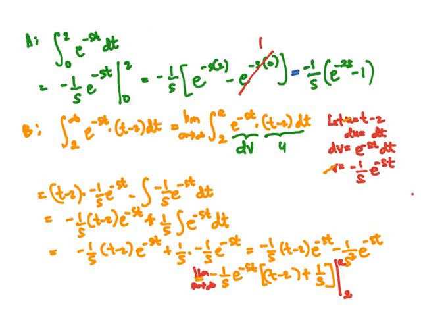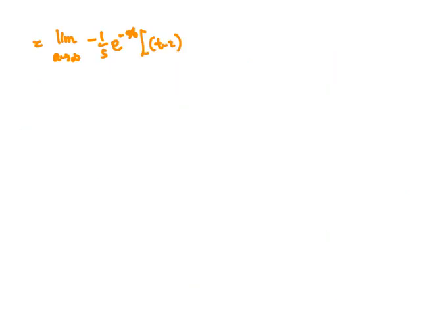Okay, so continuing our solution, we'll just write the limit as a approaches infinity of negative 1 over s e to the negative st times t minus 2 plus 1 over s, evaluated from 2 to a.